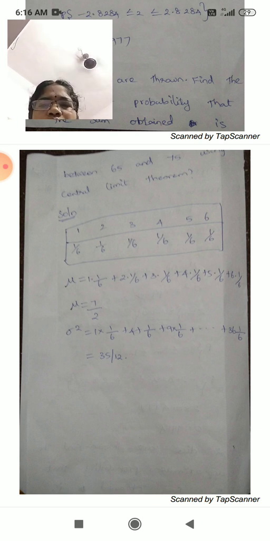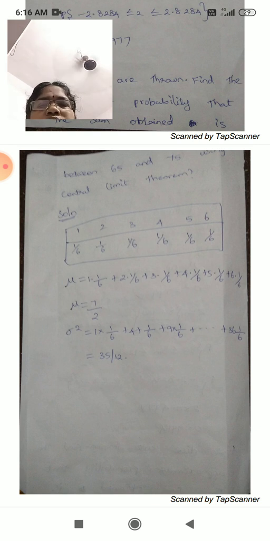Here the given problem is a discrete random variable, so mu equal to summation x into p of x. The x values are given and p of x is already known, therefore we apply the formula.